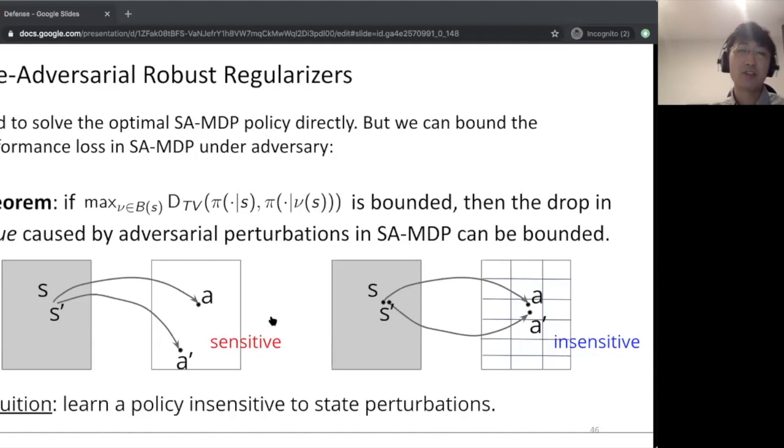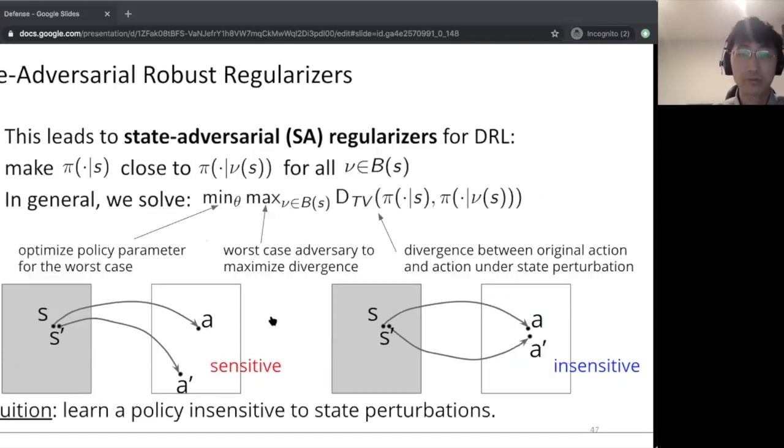If the action space is discrete, for example in DQN, we want A and A prime to be the same, basically. So this theorem inspires us to use a regularizer to improve robustness under adversarial attacks, which in general requires us to solve a minimax problem to find the policy that has small maximum divergence under state observation perturbations.